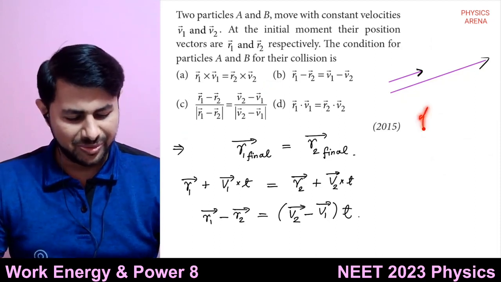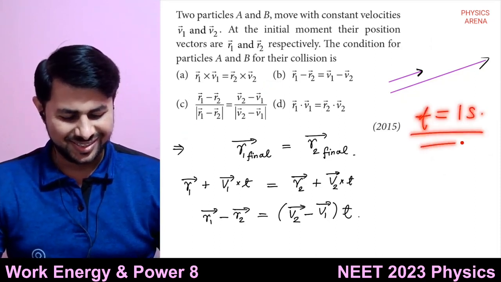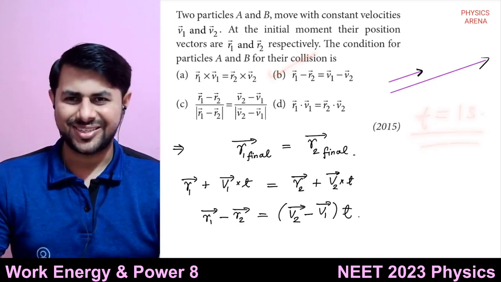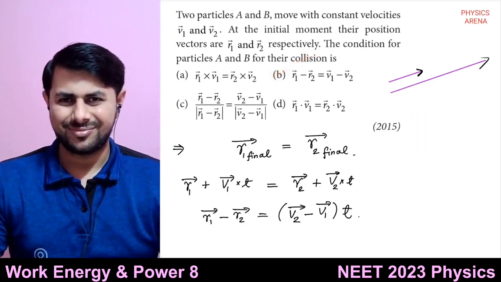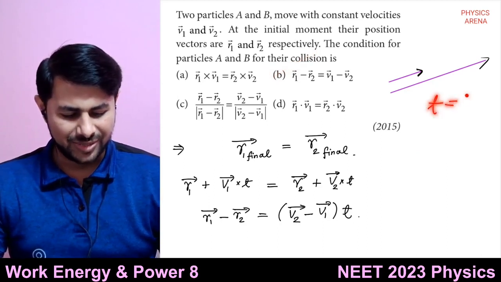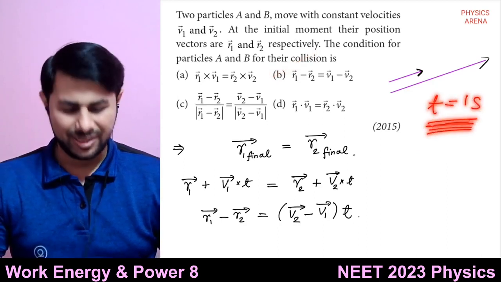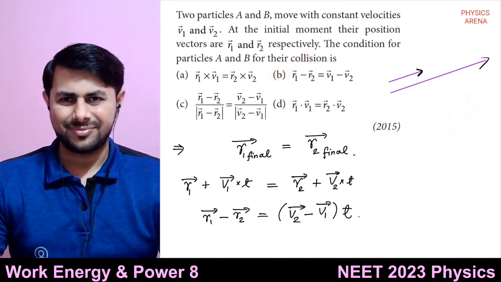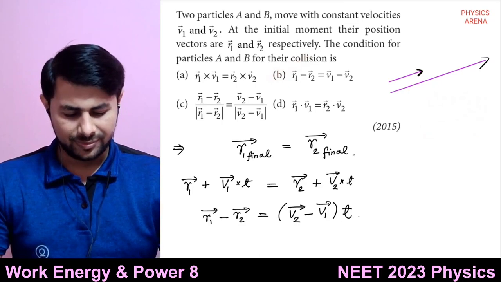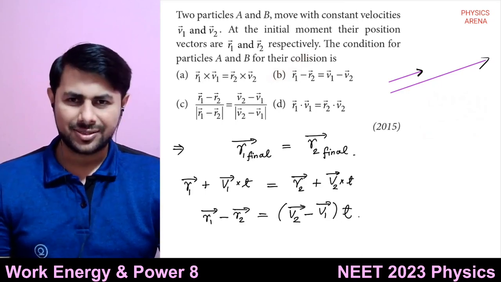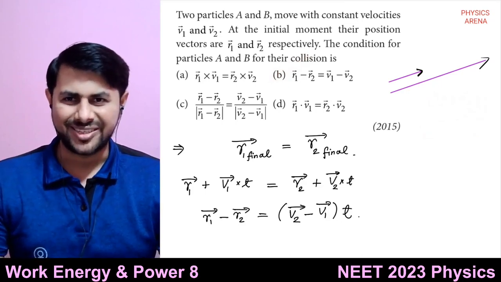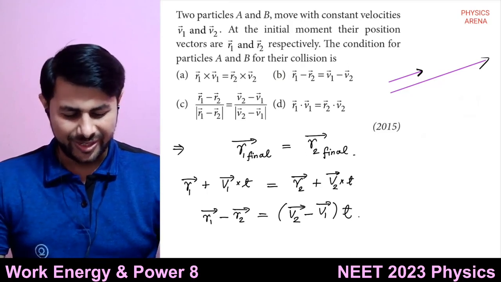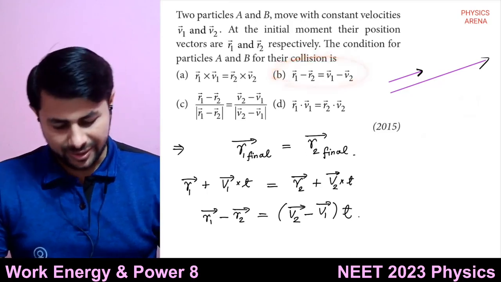If you take t equals 1 second, option B is also correct, right? Okay, so maybe the question designers haven't thought about this point. All right, for t equals 1 second, this is also correct.